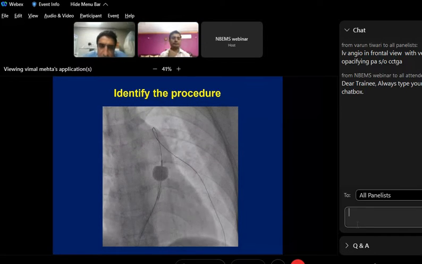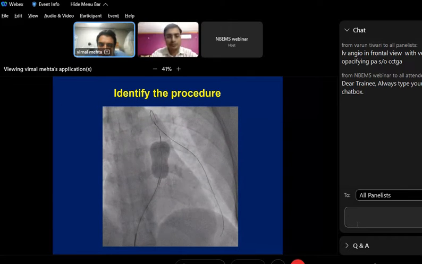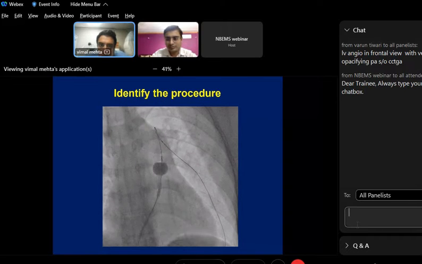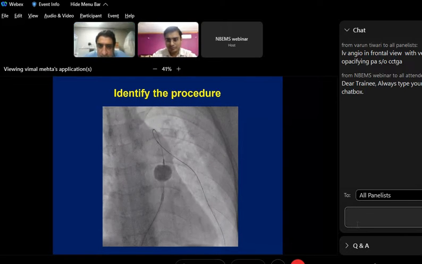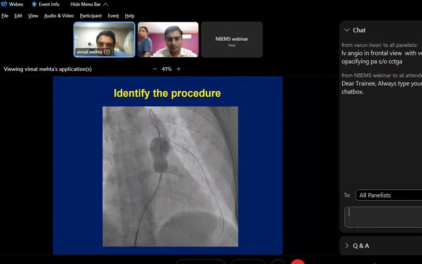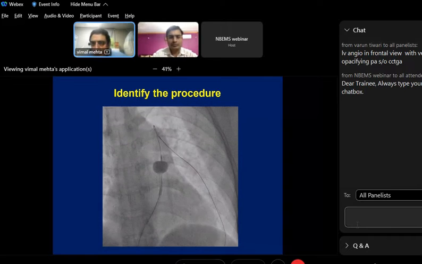Yes. Once it is opened well, how long do you think the procedure is likely to last? I mean, restenosis rate and all that. I don't want any percentage. Is it very low, or very high?